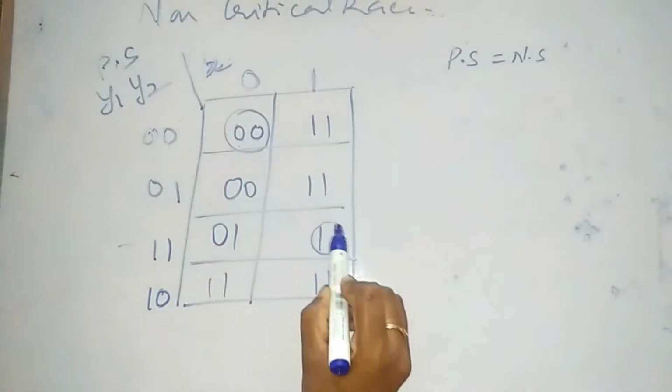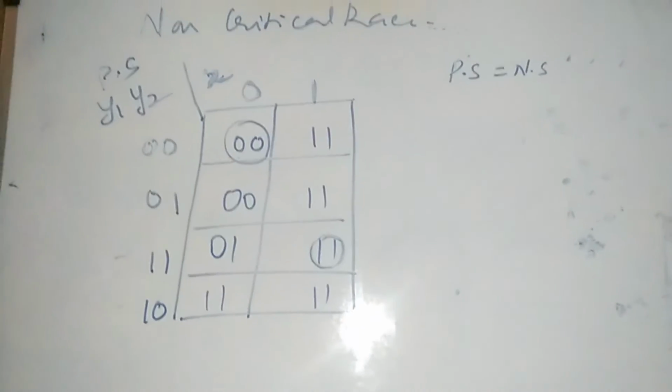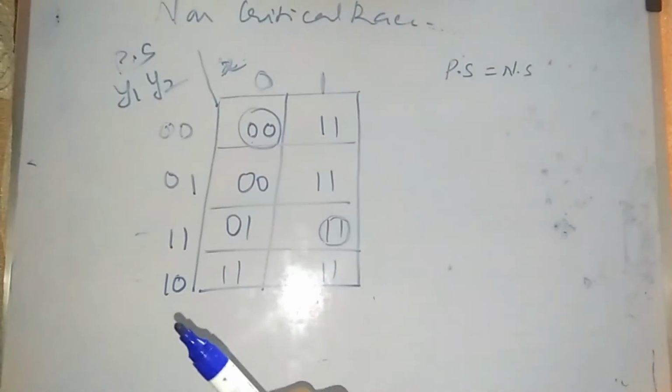So this again is a stable state. These are the two conditions which are stable for me, where the present state is equal to the next state. None of the other inputs gives a stable state.